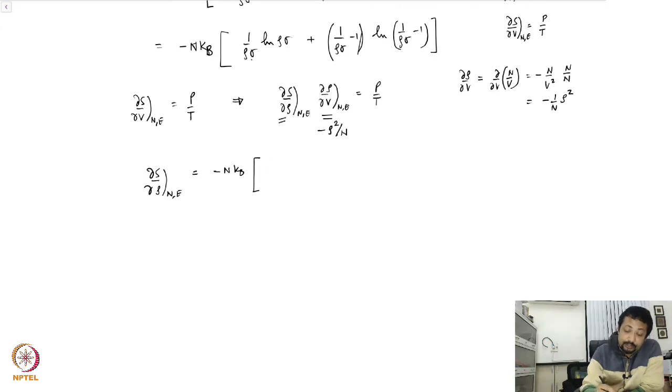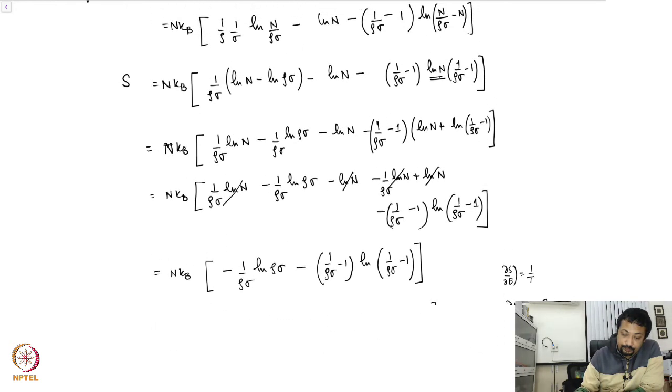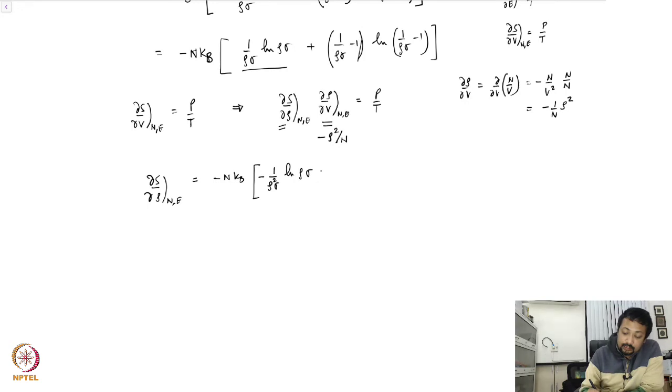The first term, the derivative of this first term, I can do it as rho square sigma minus ln of rho sigma, right, plus 1 over rho square, sorry, 1 over rho sigma whole square times sigma plus the 6.